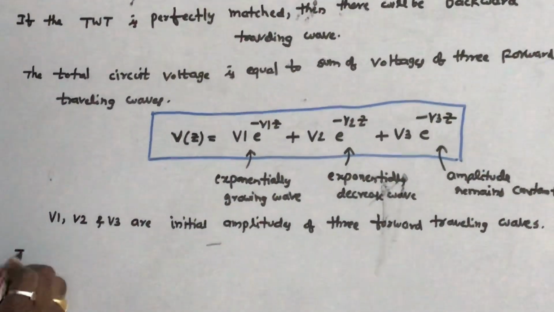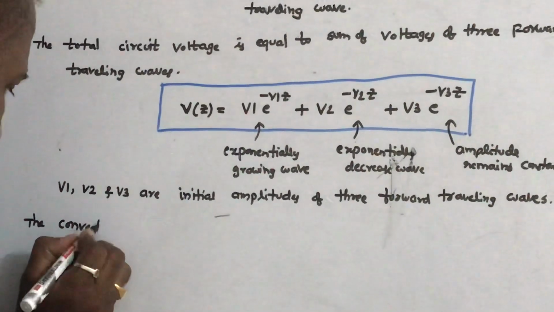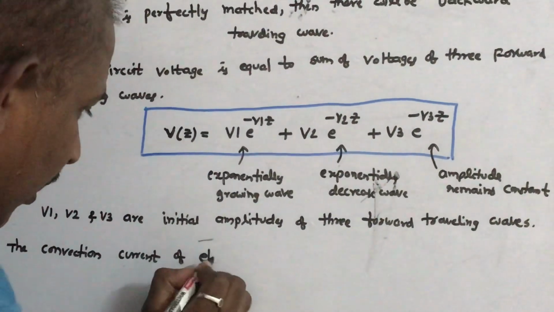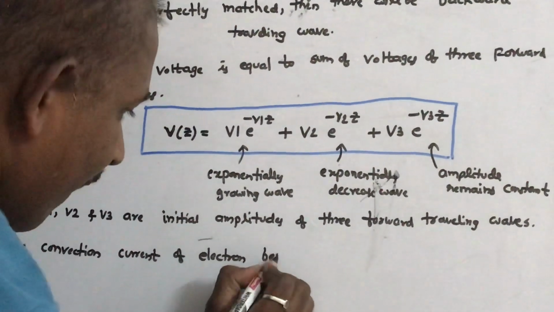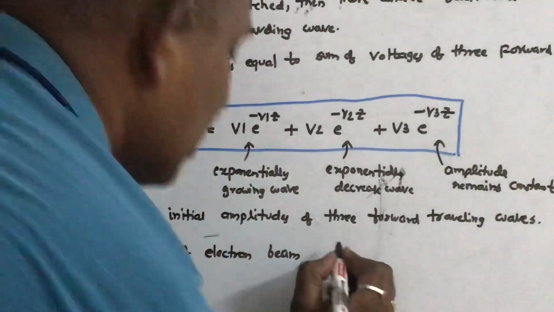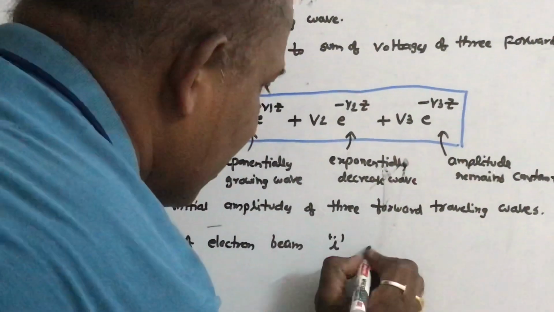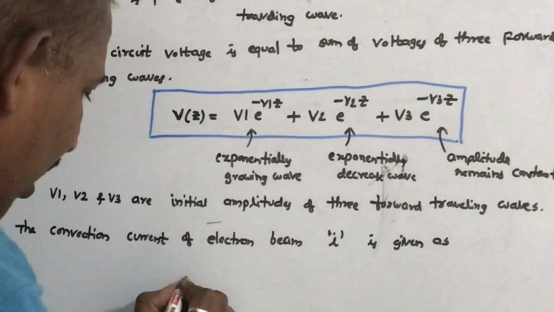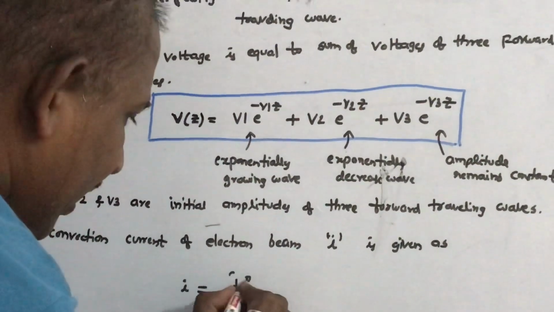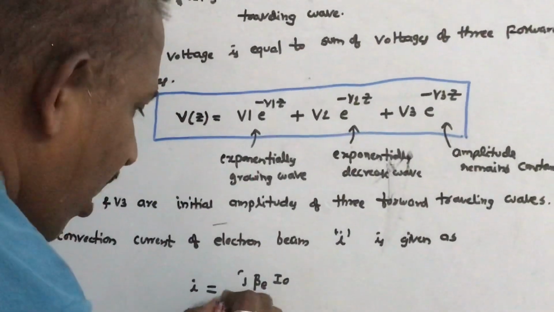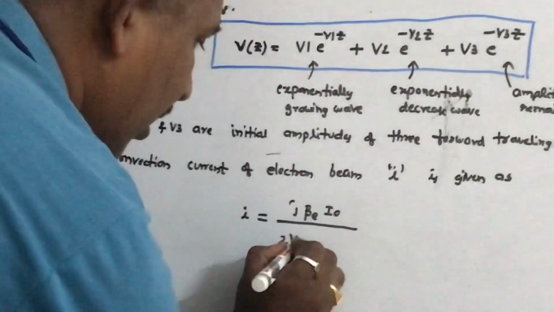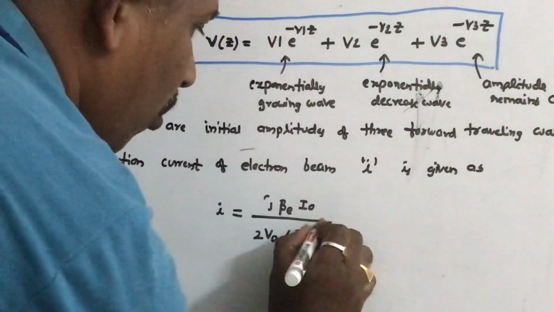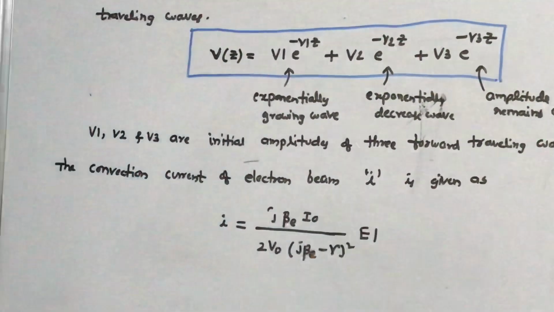Similarly, the convection current of the electron beam, small i, we have derived this expression, is given as small i is equal to j beta e into I naught by 2 V naught, cathode voltage, into j beta e minus gamma whole square into the axial electric field amplitude E1.